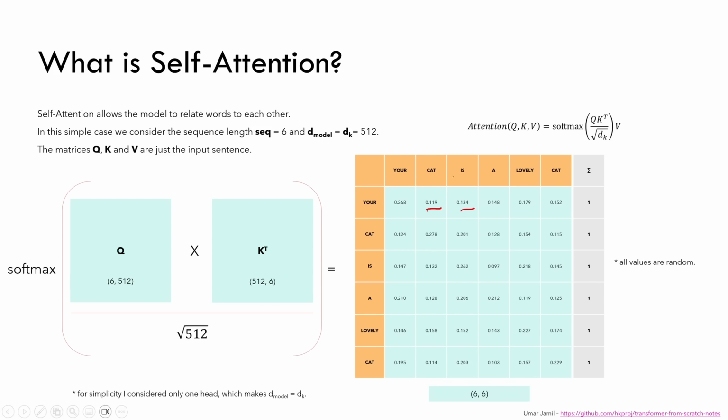This value represents somehow a score of how intense the relationship is between one word and another. Let's go ahead with the formula. So for now we just multiplied Q by K divided by the square root of dk and applied the softmax, but we didn't multiply by V.